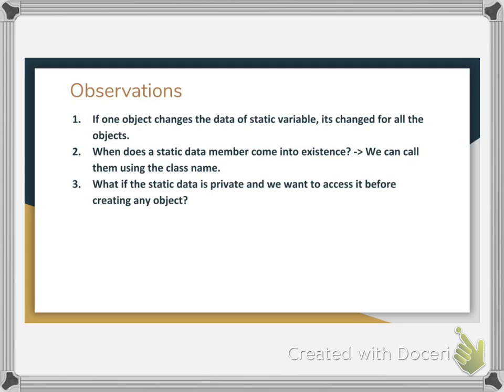Okay. Now the next question is, what if the static data is private and we want to access it before creating any object? Don't you think there is some problem there? I have a class, and in this class I have a private static data. Let's say my gold, in my example, it is private.